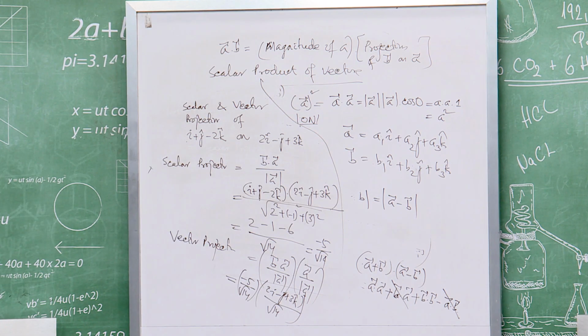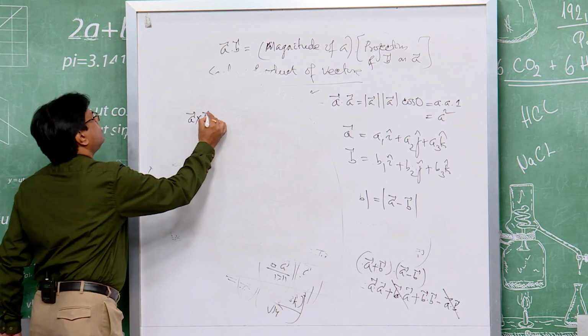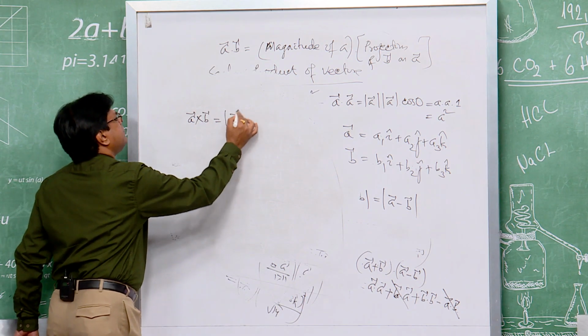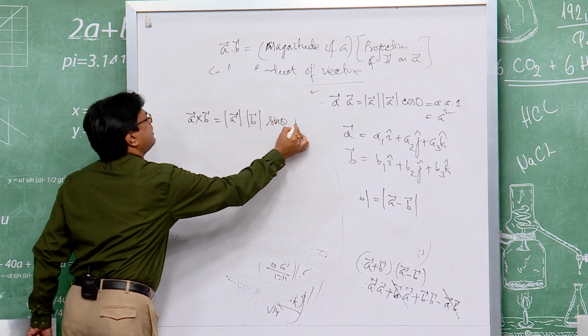Then come to the cross product of two vectors. We have already discussed that A cross B is equal to A magnitude B magnitude into sin theta into n cap.